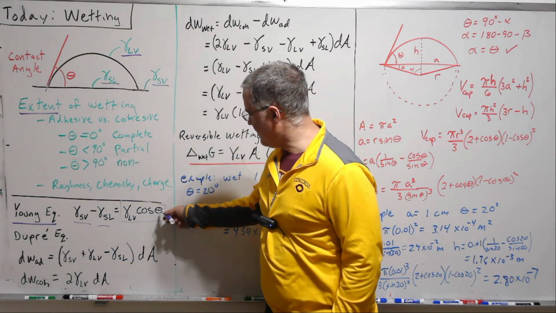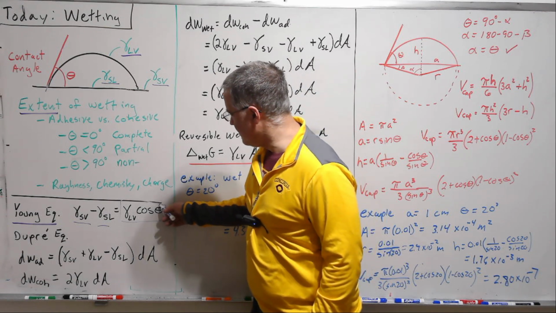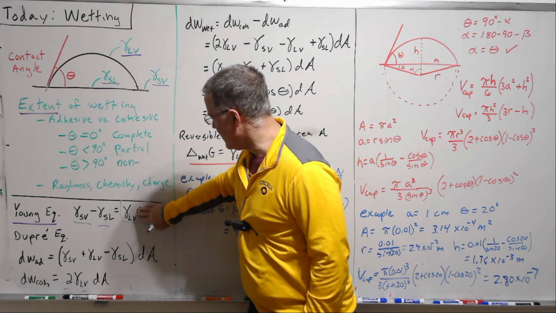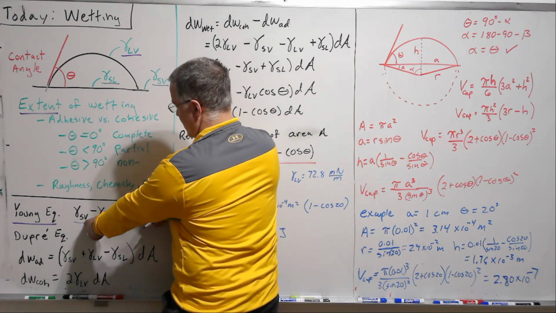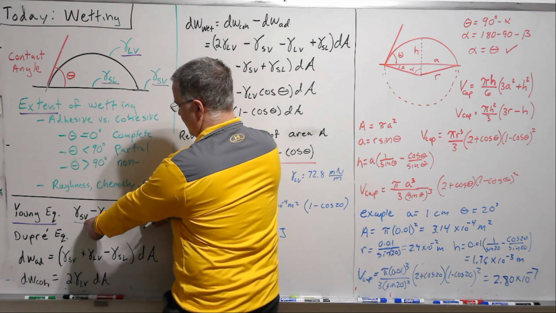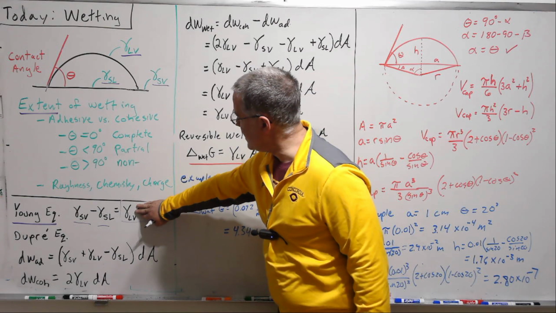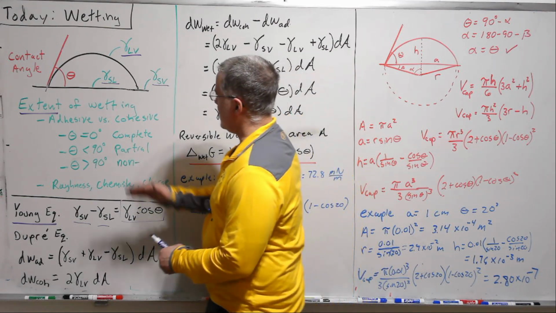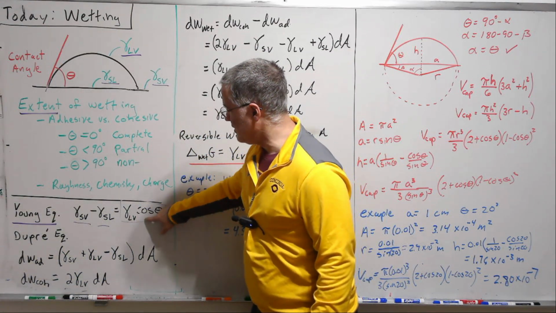And so if the angle was 0, then this would become cosine of 0, which is 1. And the difference between the surface tension, surface versus vapor, surface versus liquid, then would be equal to the liquid-vapor surface tension. But as this becomes, say, up to 90, then this would go to 0.